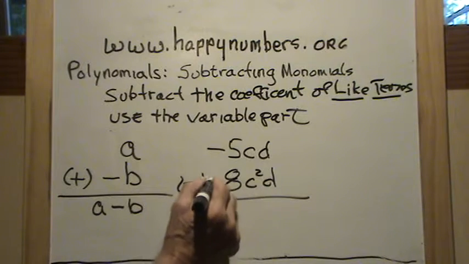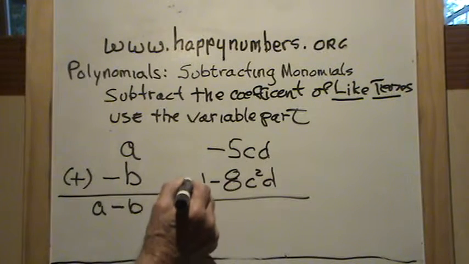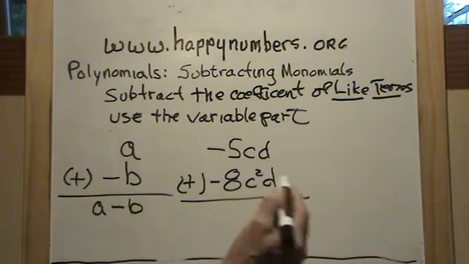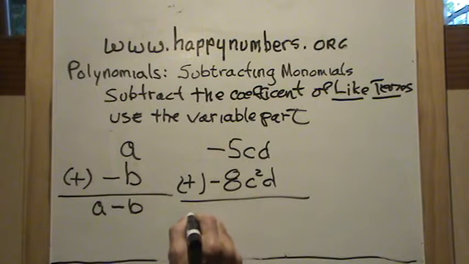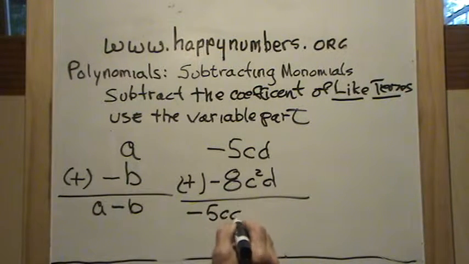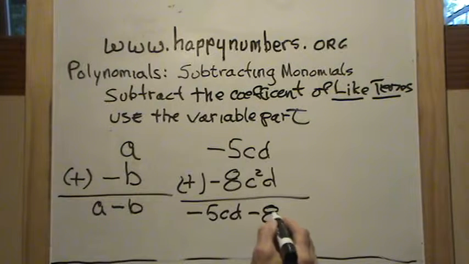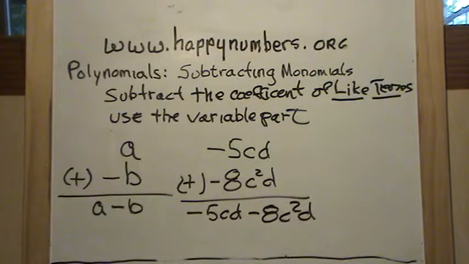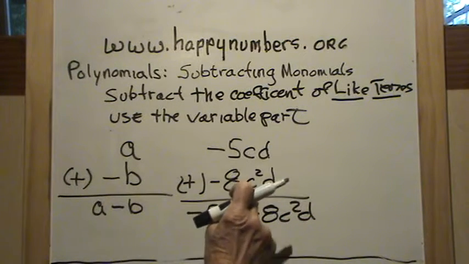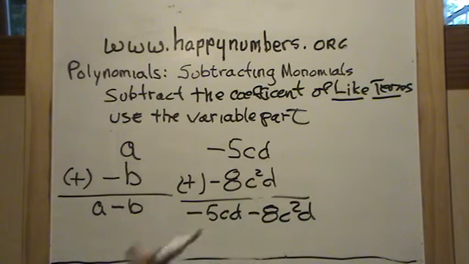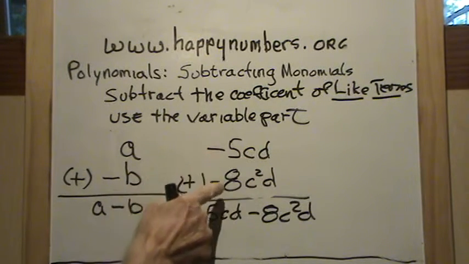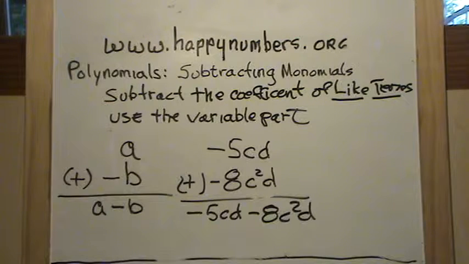But what we have to do is change the sign of the bottom number and make it an addition problem. So the solution to this kind of a problem is negative 5cd minus 8c squared d. Again, we cannot combine these parts because the variable parts are different, so we cannot do anything to the coefficients.